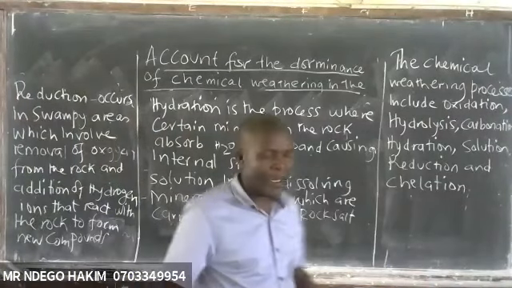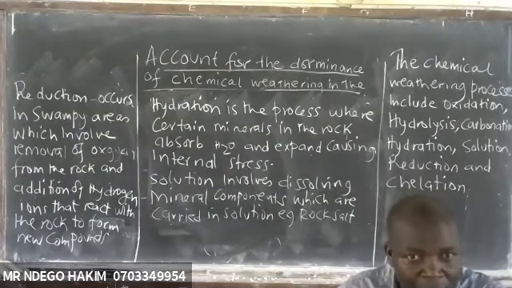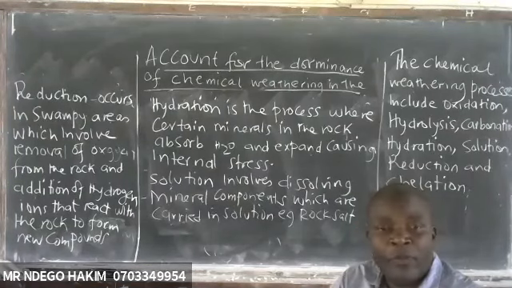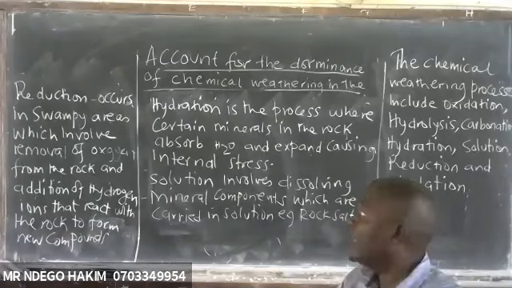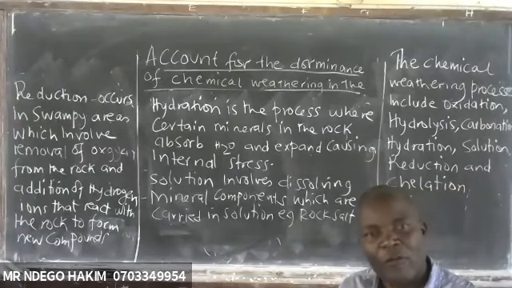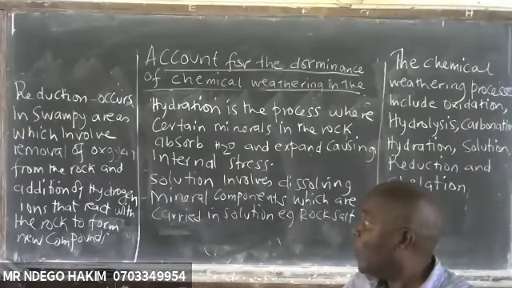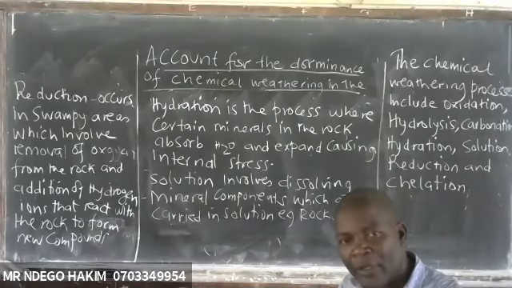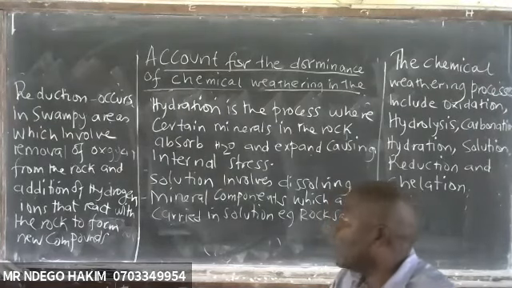As we said, oxidation involves addition of oxygen to the mineral components of the rock. Reduction is the opposite of oxidation, because we are saying it occurs in swampy areas. It involves removal of oxygen. Oxidation is addition. Reduction is removal of oxygen from the rock.